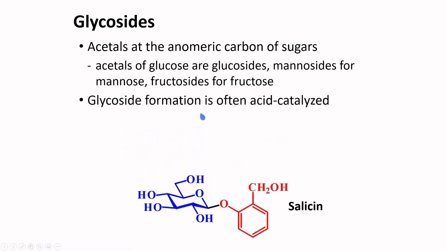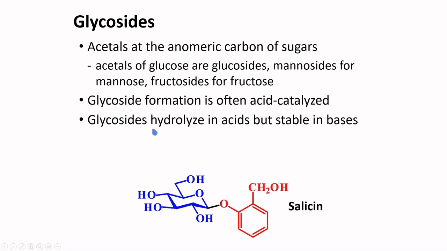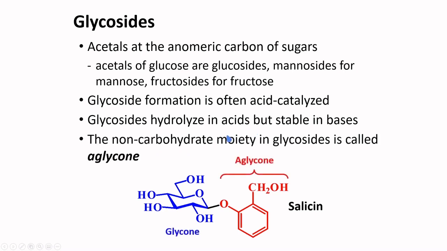Glycoside formation is often acid catalyzed. Glycosides hydrolyze in acids but are stable in bases. The non-carbohydrate moiety in glycosides is called the aglycone. Of course, the carbohydrate component is called glycone.